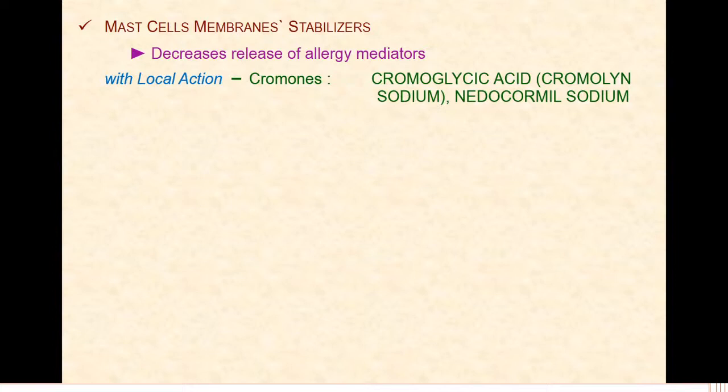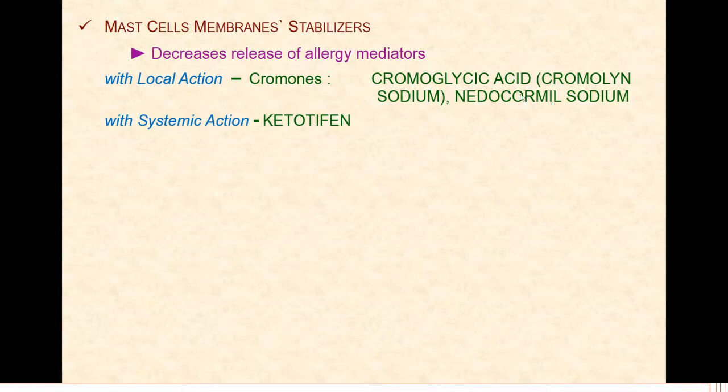We distinguish 2 subgroups: agents with local action and agents with systemic action. Local action, chemical name of subgroup chromones, include chromoglycic acid and nedochromyl sodium.